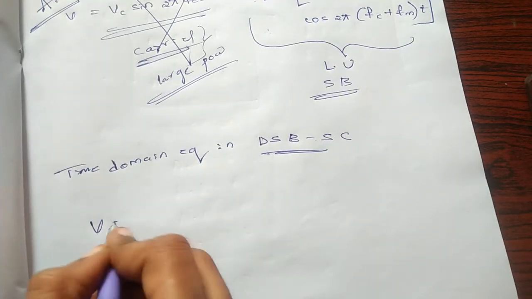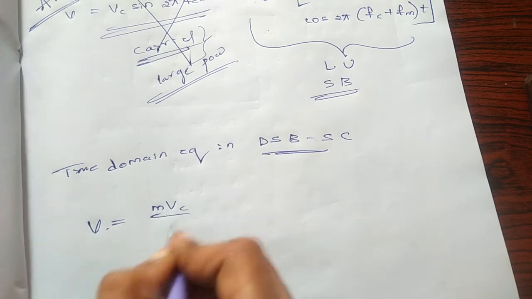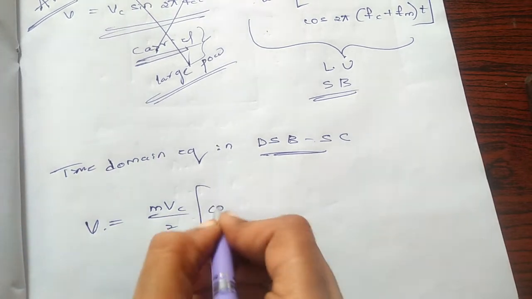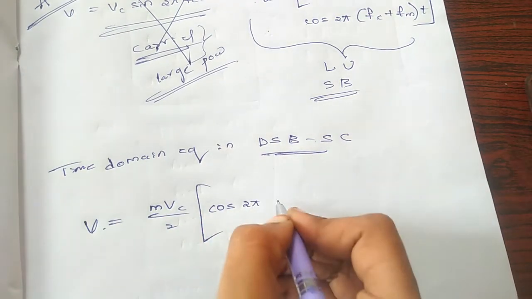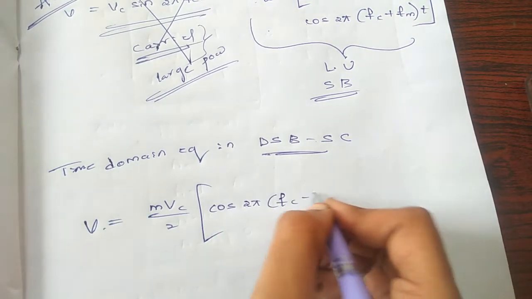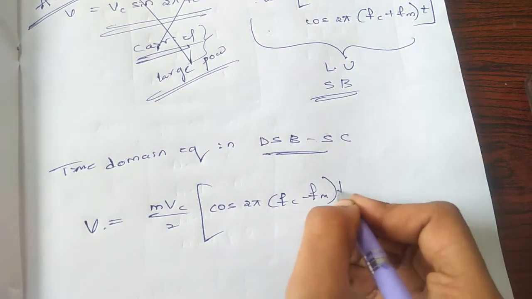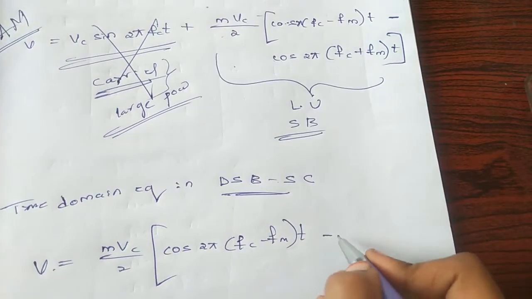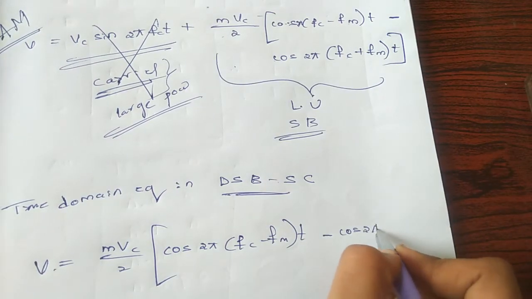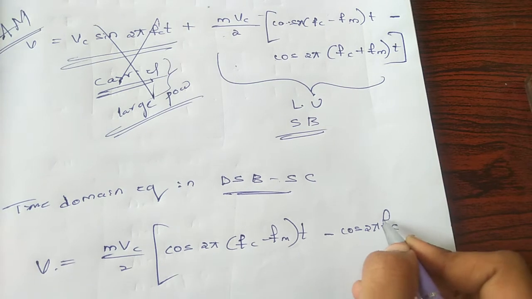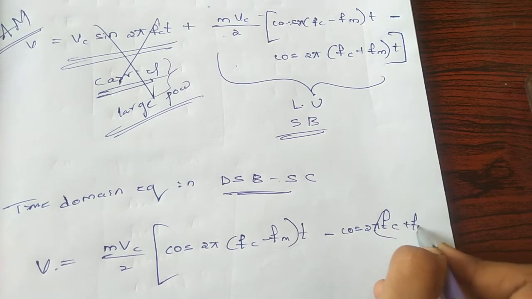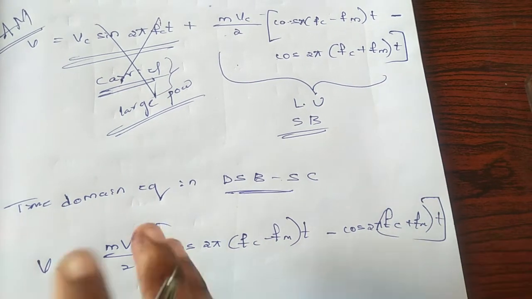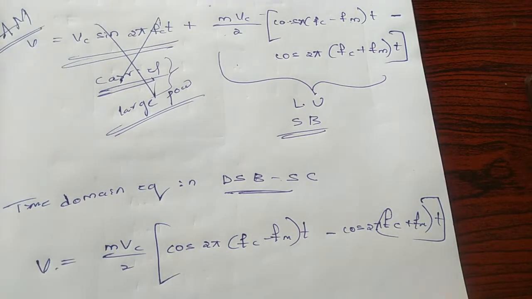What is that? (mVc/2) [cos 2π(fc − fm)t − cos 2π(fc + fm)t]. So this is the time domain equation in double sideband suppressed carrier. Okay, we got the equation.